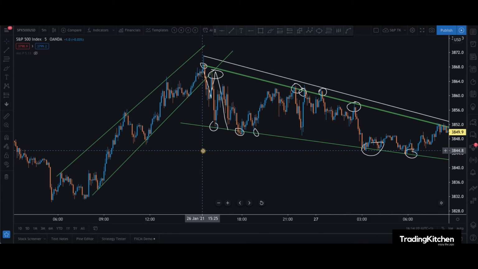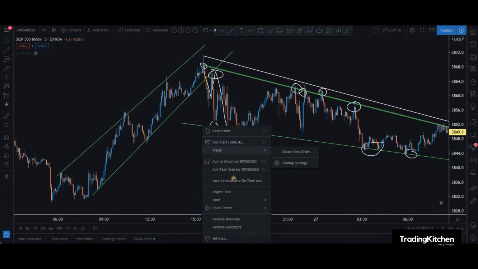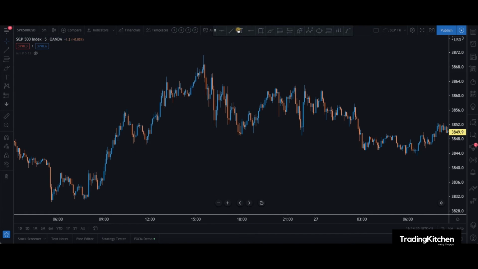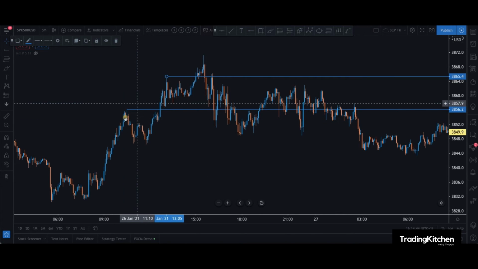Let me show you a very important thing. Don't buy high. Let me show you an example. Most of the traders, if these are all resistance, sorry, so most of the traders buy here with the breakout.